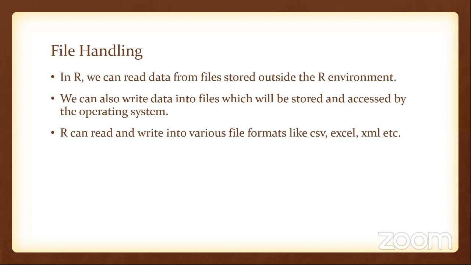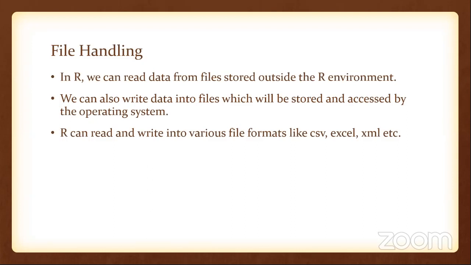R provides various predefined functions that help us work with any type of file: comma separated files, that is CSV, Excel files, XML, JSON, and even other types of binary files. R also has functionalities for interacting with databases.